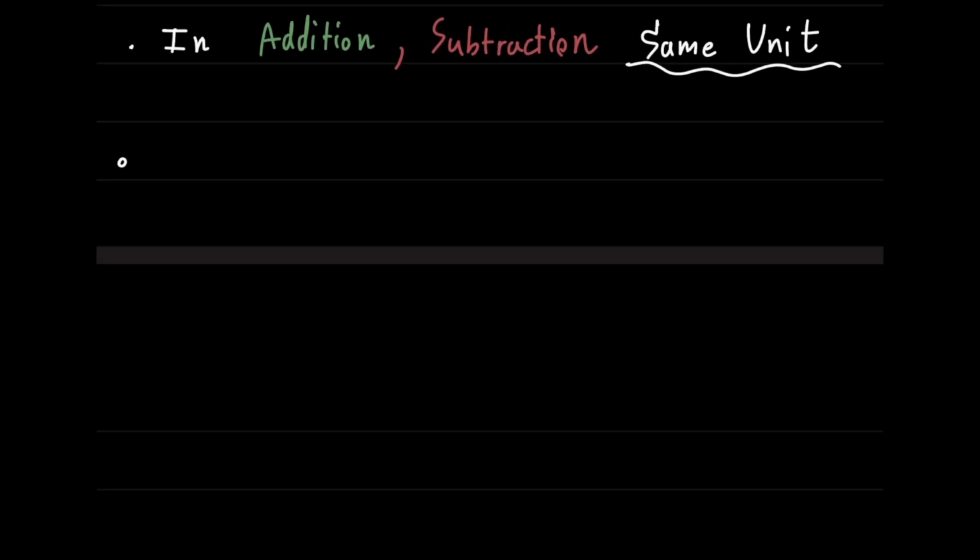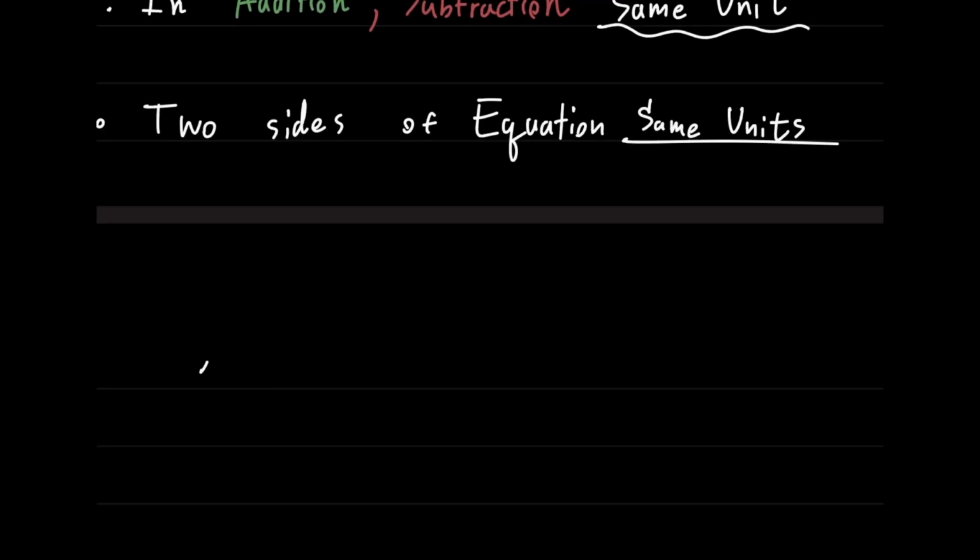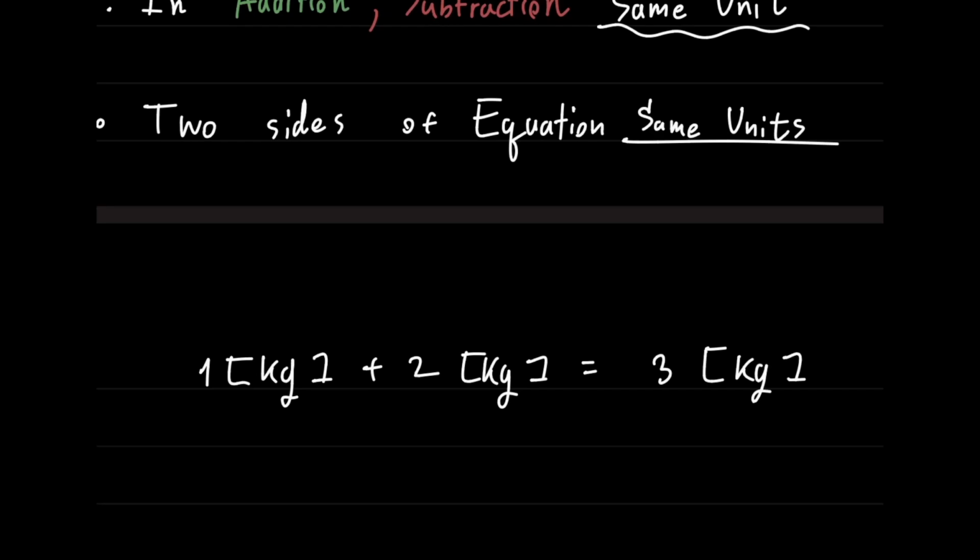And also, the two sides of any equation need to have the same units. For example, 1 kilogram can be added with 2 kilograms and we get 3. Notice that you are adding 1 and 2 and they have the same units. And between the two sides of the equation, they all have the same units.